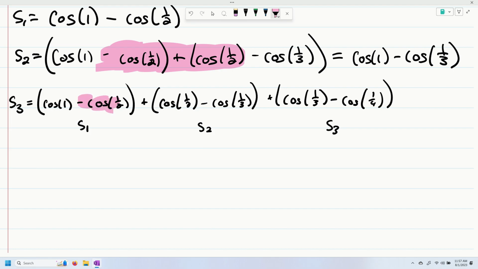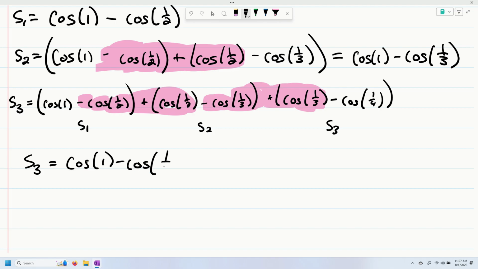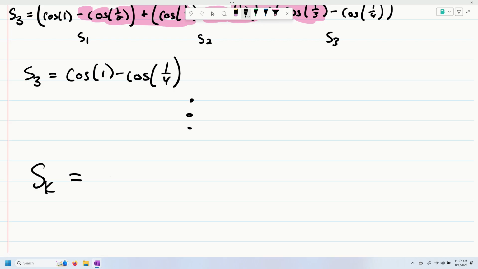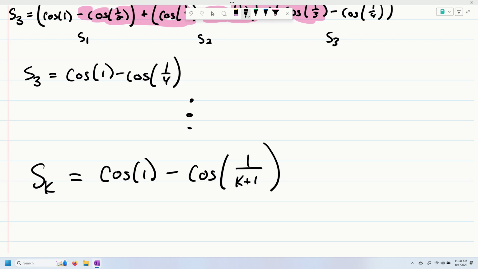And we know these cancel, and when we add, these are going to cancel. So this is just going to equal the cosine of 1 minus the cosine of 1/4. Which means, in general, Sk is going to equal the cosine of 1 minus the cosine of 1 over k plus 1. So this is a telescoping series.